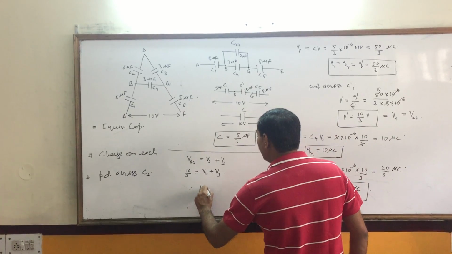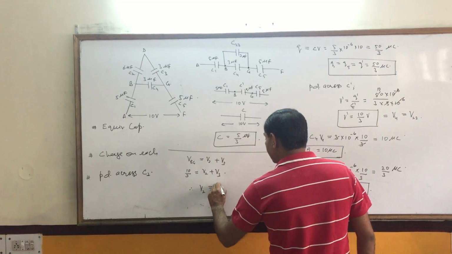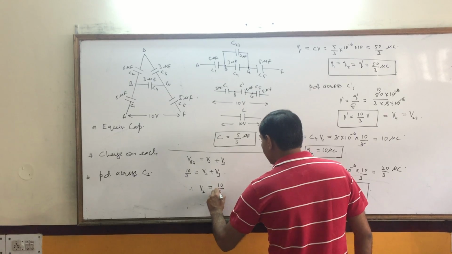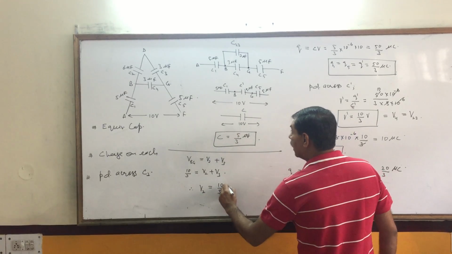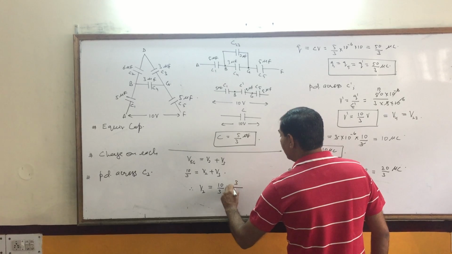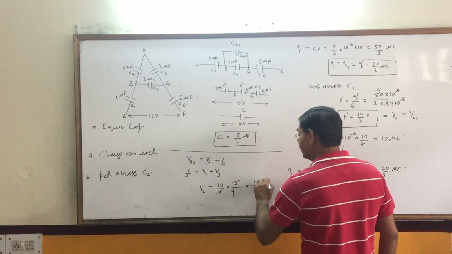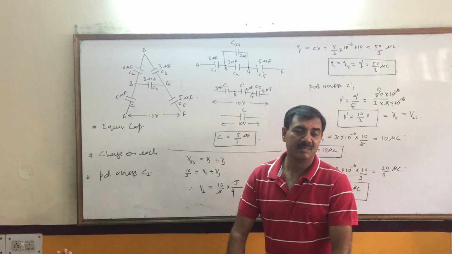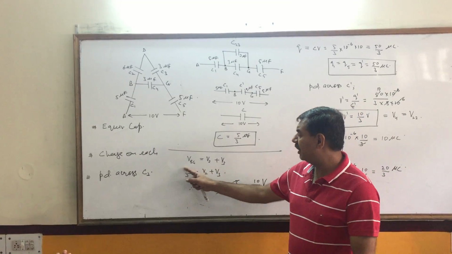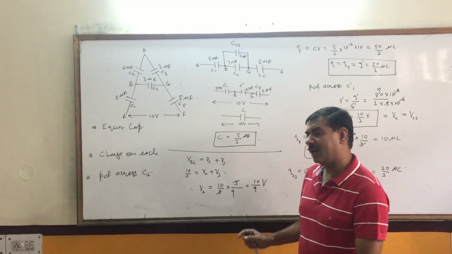Therefore V2 comes to 10 by 3 divided, 3 by 9 into 3 by 9, so 10 by 9. Did anyone have this? This simply tells me it is 10 by 9 volts.